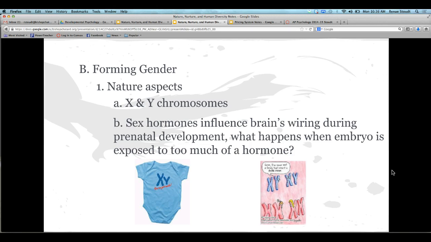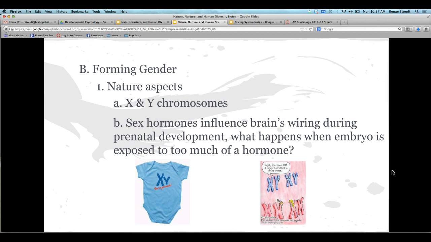Okay? So the question is, what happens when an embryo is exposed to too much of a hormone? For example, if it's a female baby and they're exposed to too much testosterone, because women do have testosterone, they just don't have as much as men. So, if women are exposed to more testosterone in utero, what do you suppose is going to happen? They're going to be more masculine.